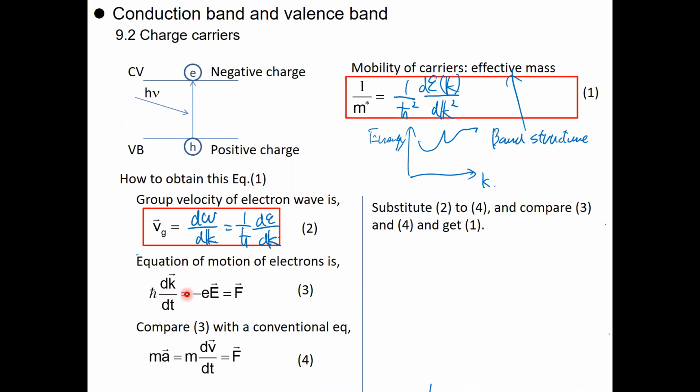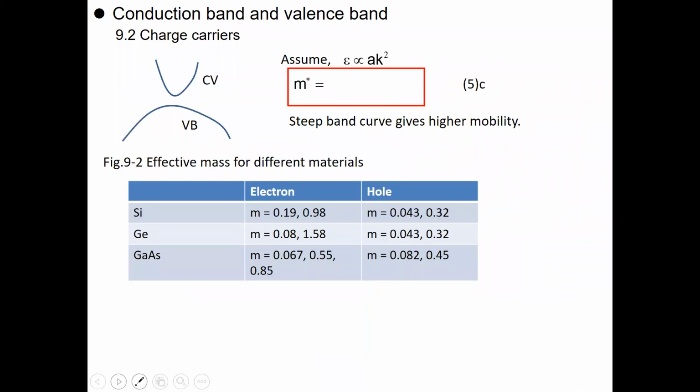During this calculation, substitute the second equation into the first one, compare the third and fourth, and you can obtain the m value with this equation. So this equation, or this band diagram, includes the information on how much charge carriers can move around.